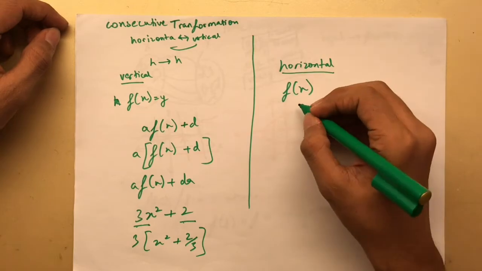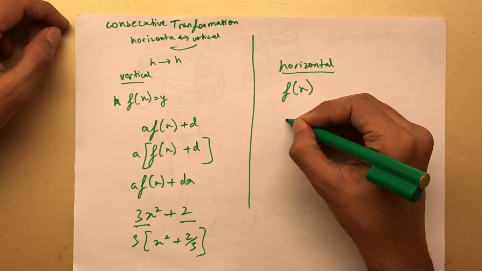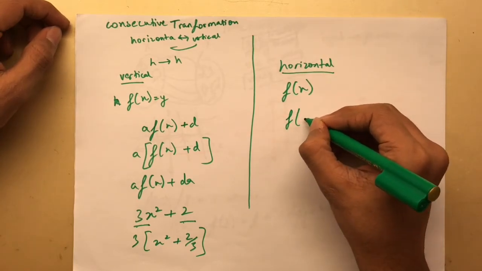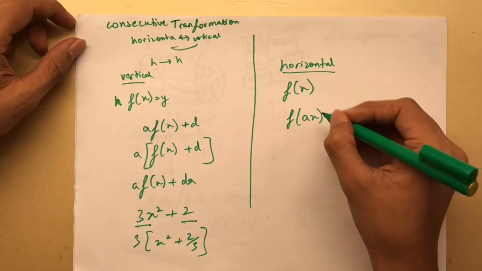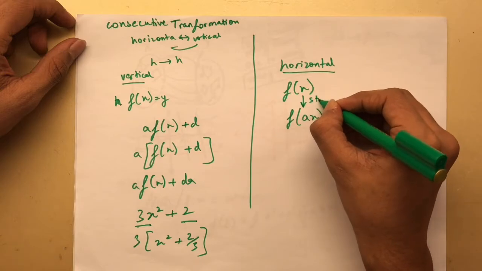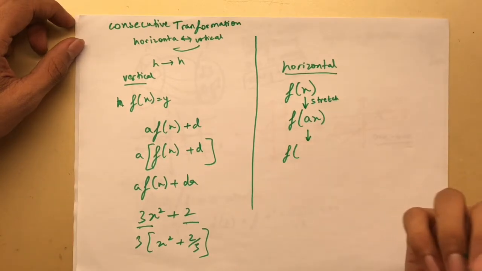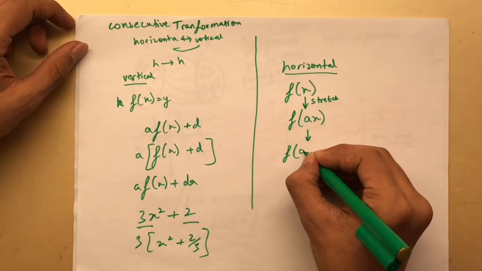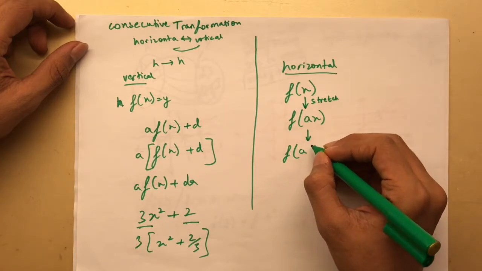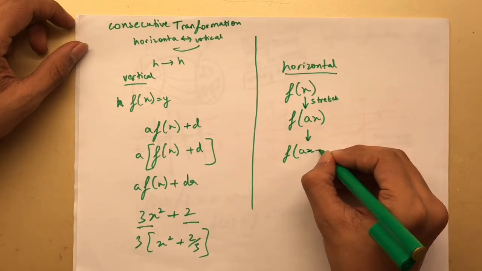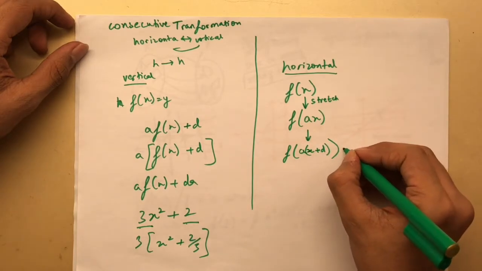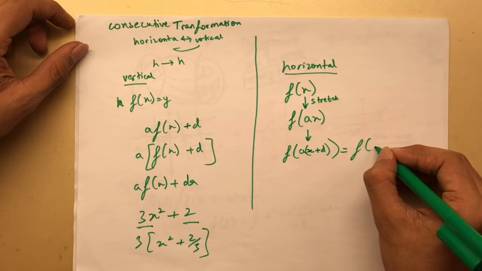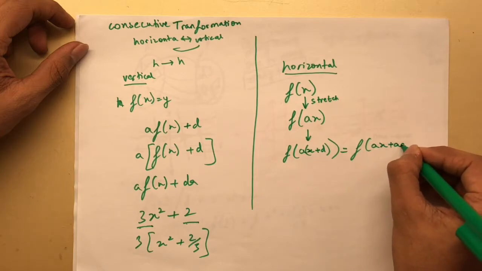So if I did the stretching first, I would get f of ax, and then after which, the horizontal translation would be f of x plus d in brackets, right? So this would be equal to f of ax plus ad.